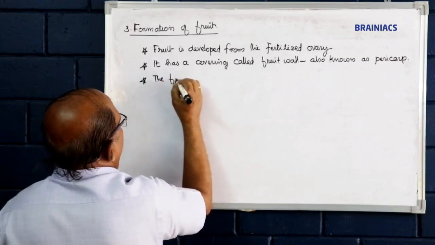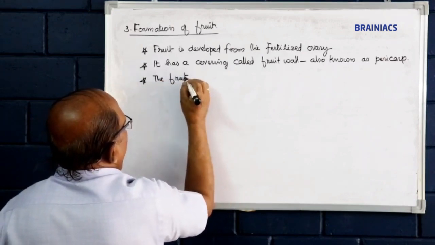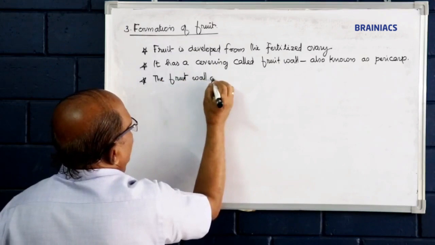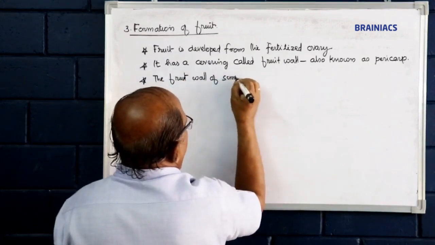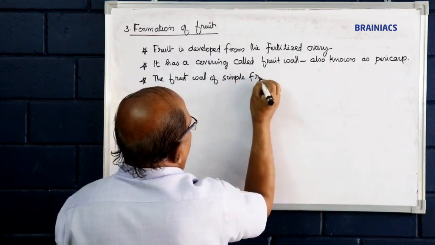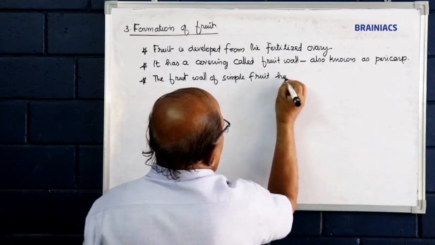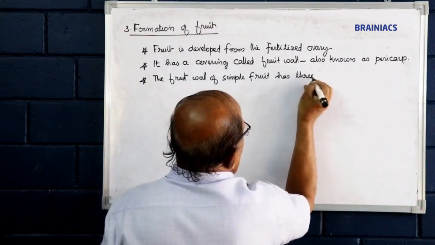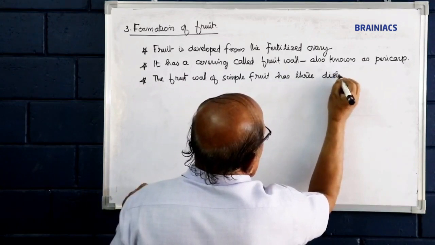The fruit wall of simple fruits has three distinct layers.